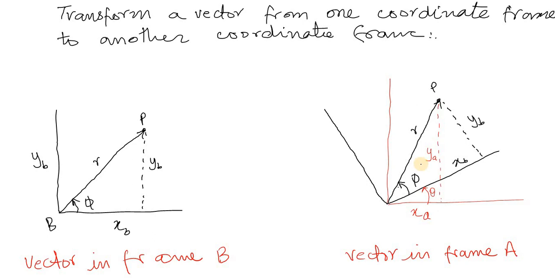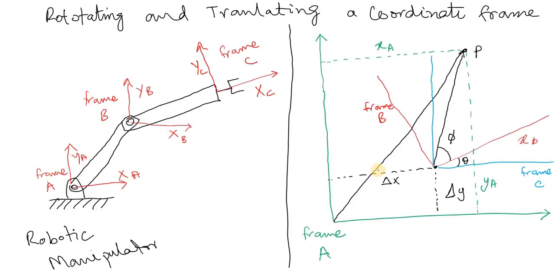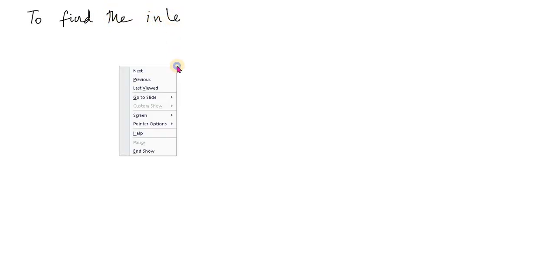So we do the same here. We have the blue frame, which is not rotated, similar to frame A, but this is a temporary frame. And we have a rotated frame, the red color frame B, and we try to find the effect of rotation to find the coordinates.